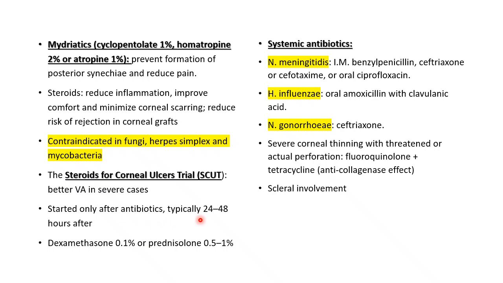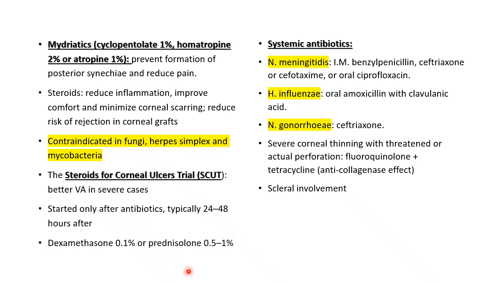Remember, steroids have to be started only after antibiotics, typically 24 to 48 hours later, and very, very low concentration, low potency steroids in longer frequencies, such as 2 to 4 times daily and not hourly, may be given under supervised conditions.